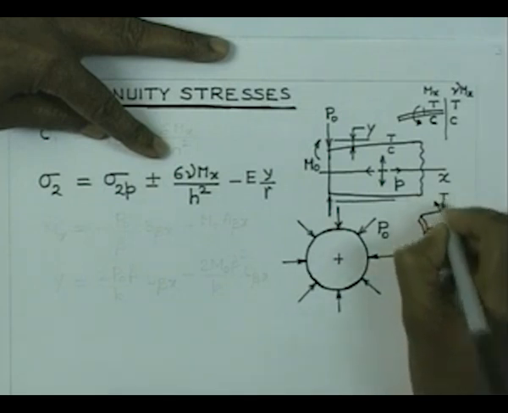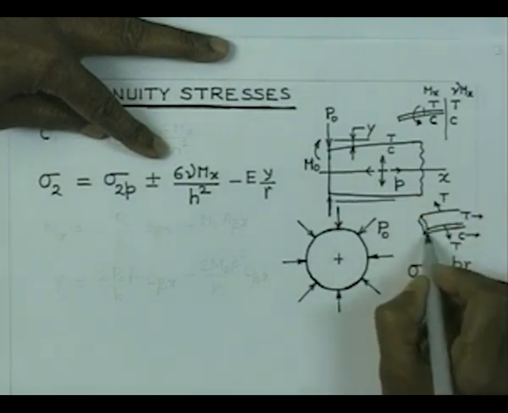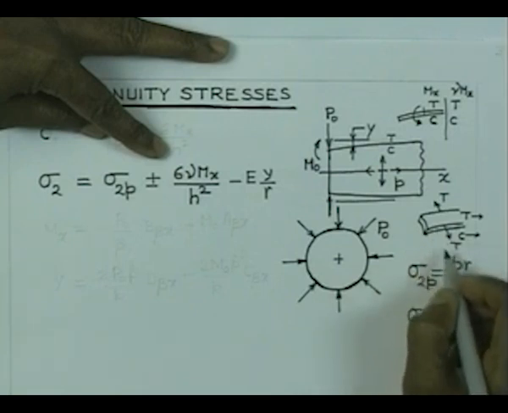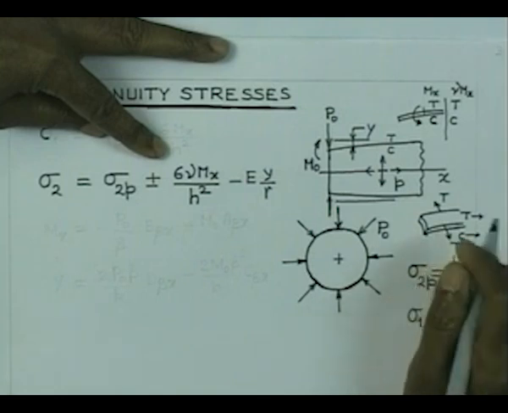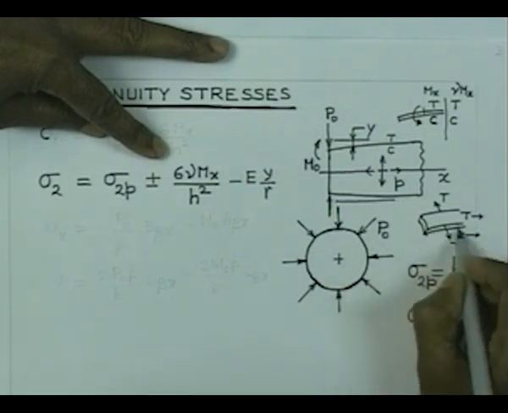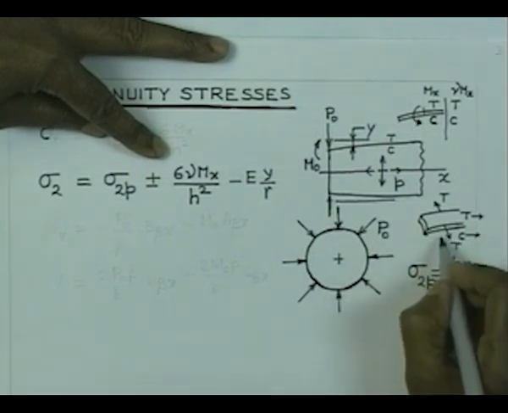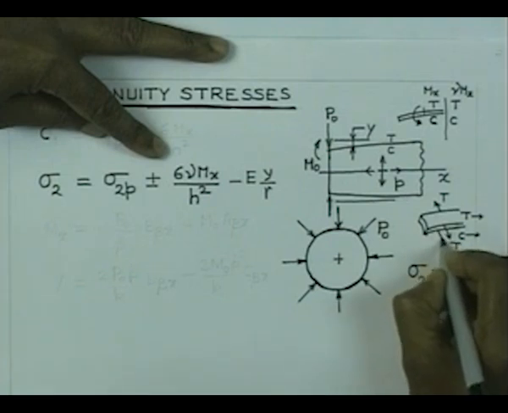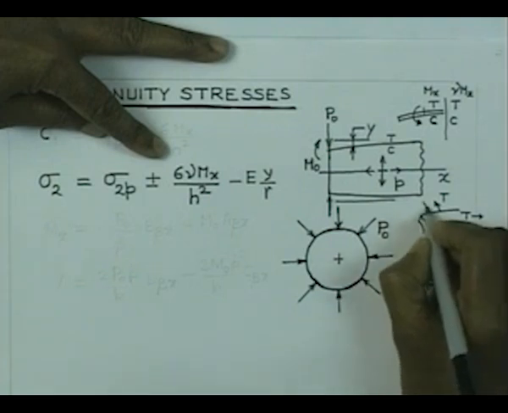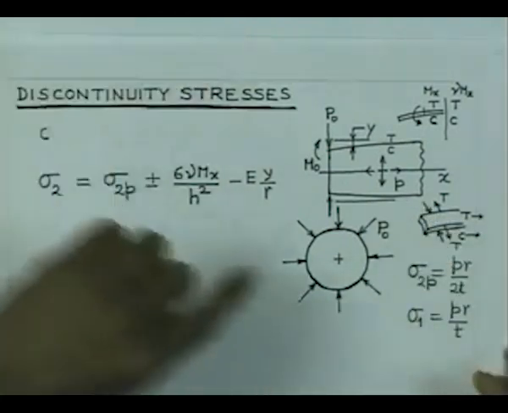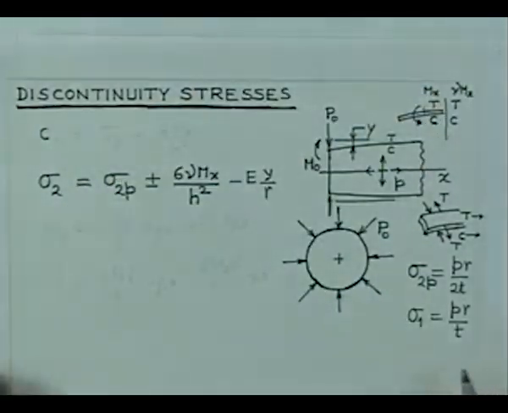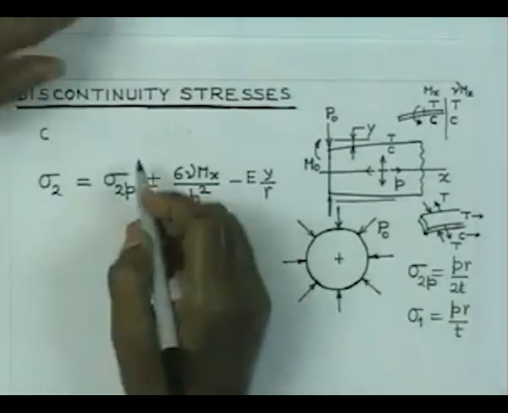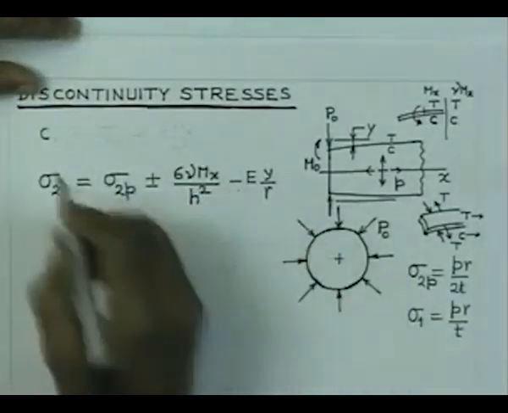So, it is going to be tension here, and in the bottom fiber, since it is compressed, the continuity of the material will try to prevent that, since it is trying to contract in this direction, it will expand in this direction, and therefore, it will be prevented from contracting, and therefore, we will have compressive stresses there. That is why you find that the nature of the stress will remain the same at the top and the bottom fiber. So, this is the stress therefore, in the circumferential direction.